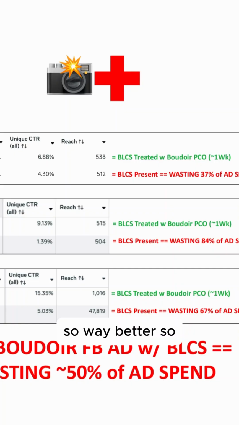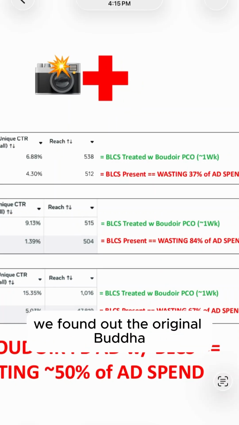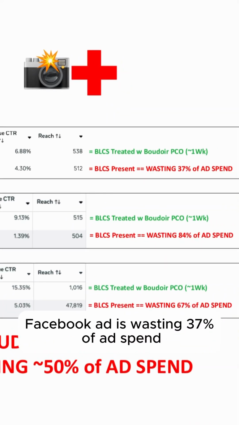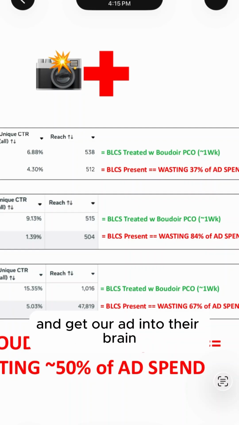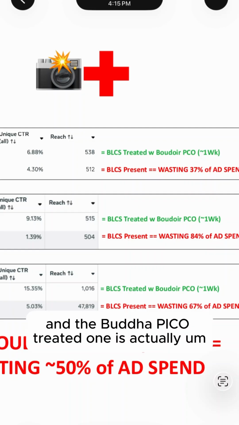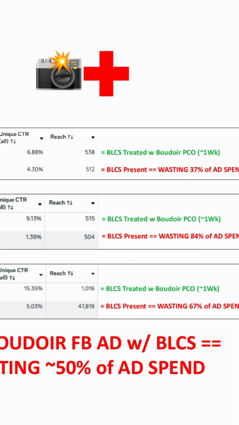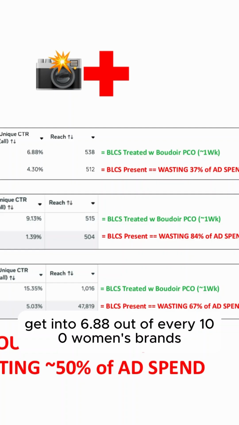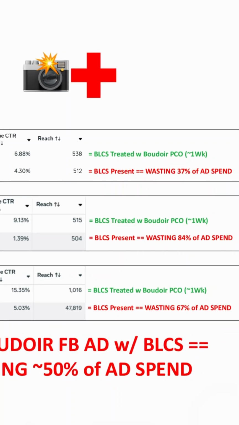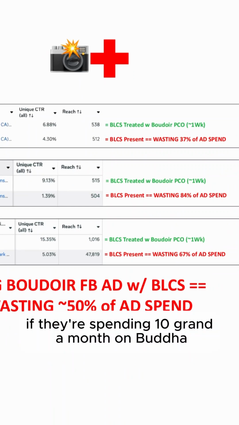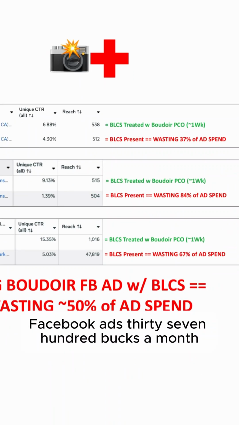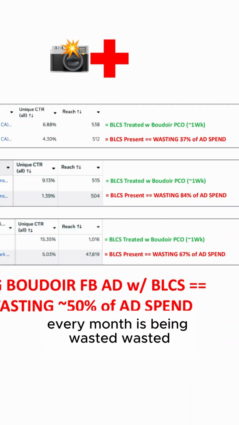So way better. We found out the original Boudoir Facebook ad is wasting 37% of ad spend by only getting 4.3 out of 100 women to click somewhere on it and get our ad into their brain. And the Boudoir Pico treated one is actually getting to 6.88 out of every 100 women's brains. So if they're spending 10 grand a month on Boudoir Facebook ads, 3,700 bucks a month, every month is being wasted.